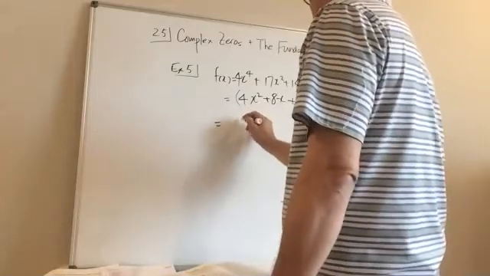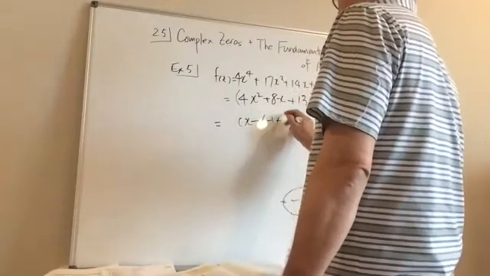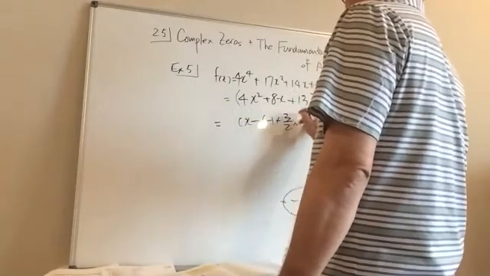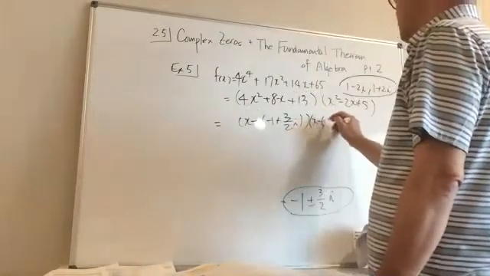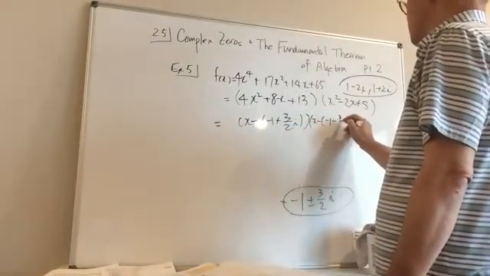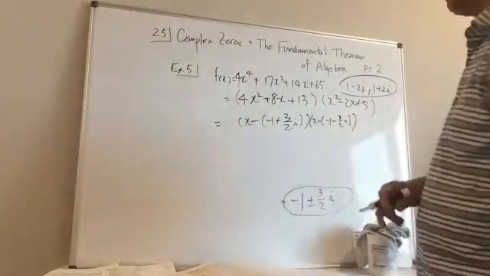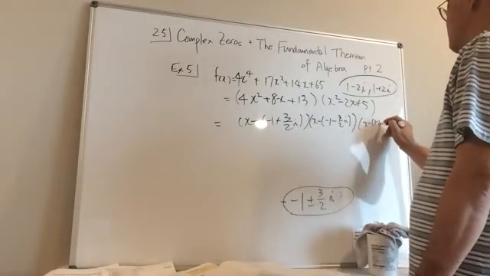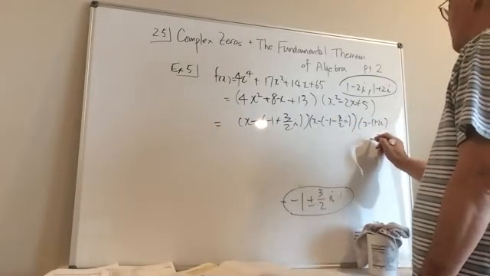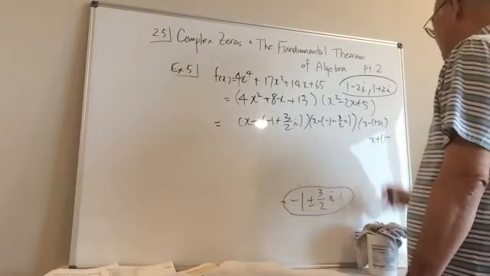I'm going to get x minus 1 plus 2i. I'm going to get x minus 1 minus 2i. Then from here, I'm going to get x minus, no, x minus.